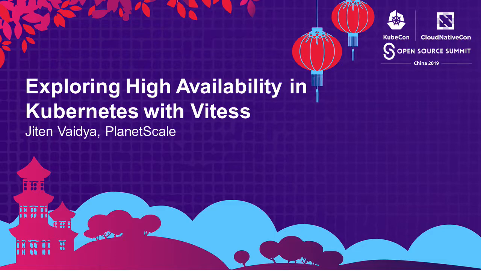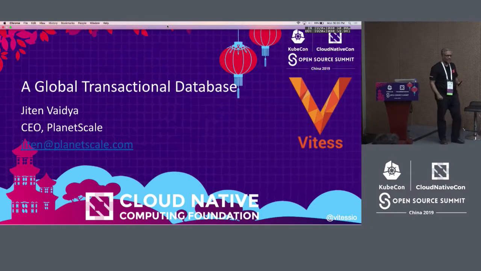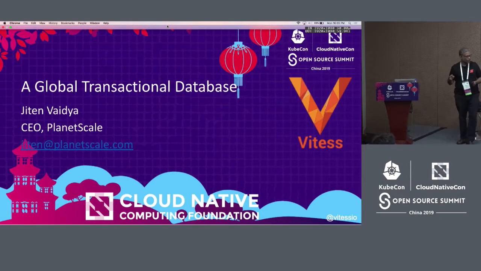It's an open source project which is part of the Cloud Native Computing Foundation. Vitess was co-founded by Sugu Sugumaran, who I worked together with at YouTube back in 2010 when we started Vitess.